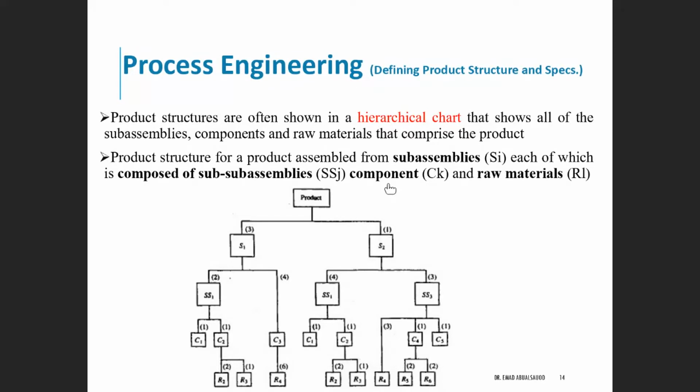So the component, whether it's some device, let's say an electronic chip, motherboard, or hard disk, for example, and the raw material that is used to manufacture those components, if needed.